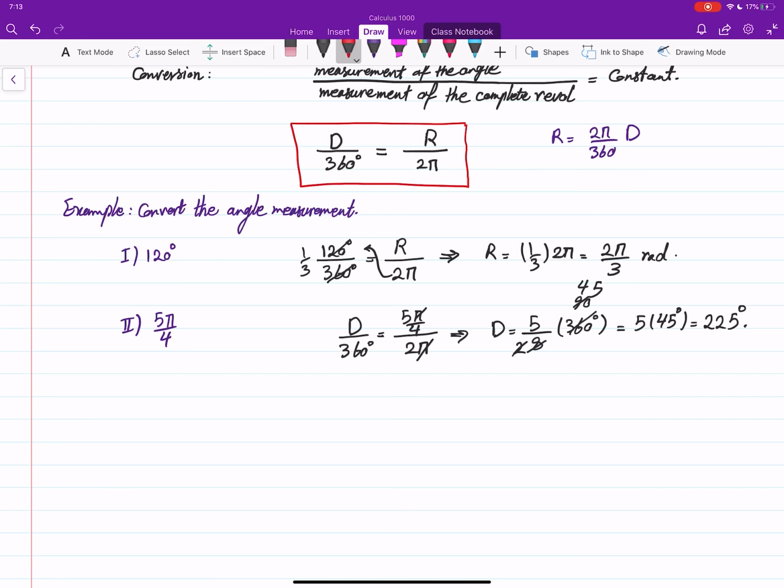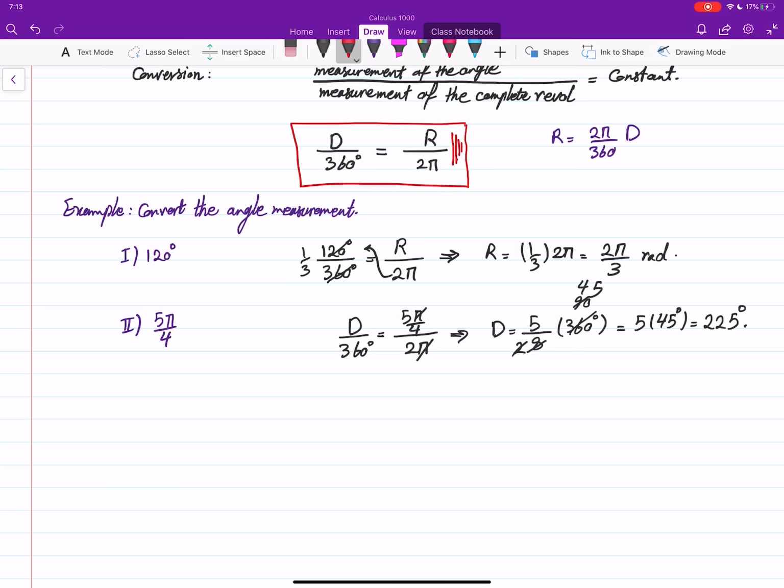Okay, so this ratio here, let me call it the portion of the circle in that measurement. What portion of the full circle that angle has.